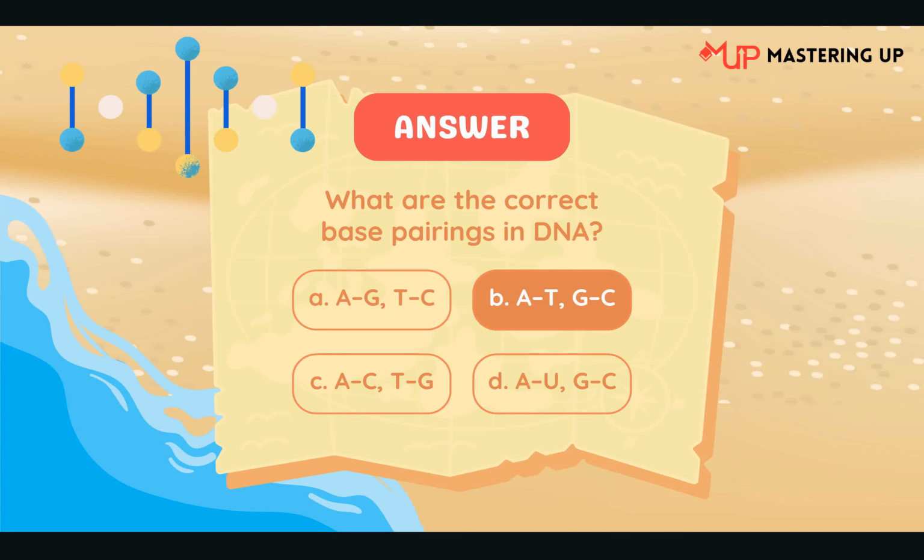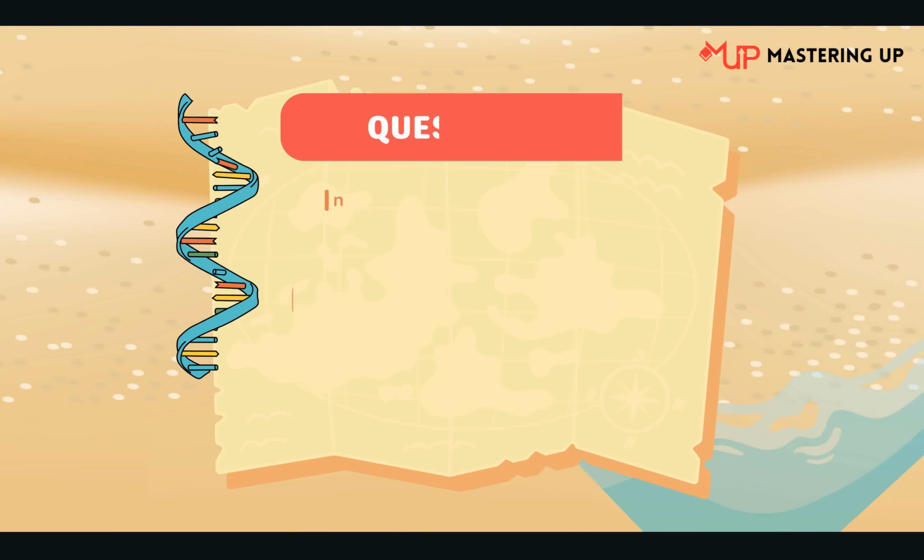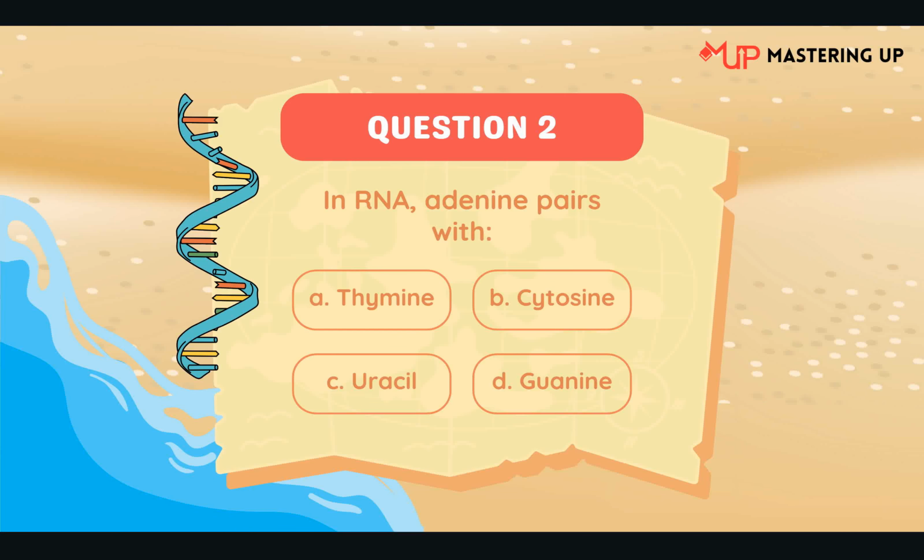Time's up. The answer is B. Adenine pairs with thymine and guanine pairs with cytosine. I hope you got the correct answer. Let's move on to question 2. In RNA, adenine pairs with what?